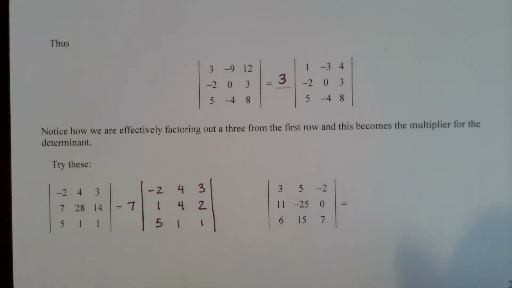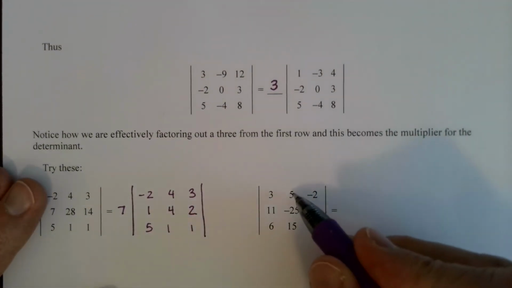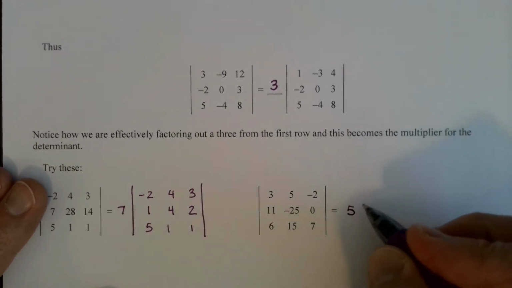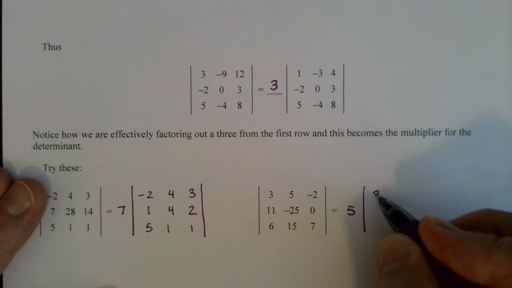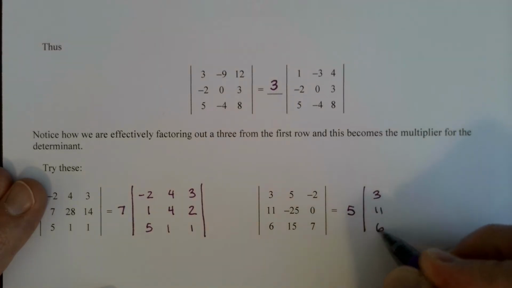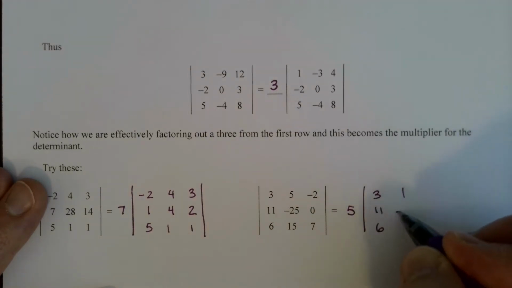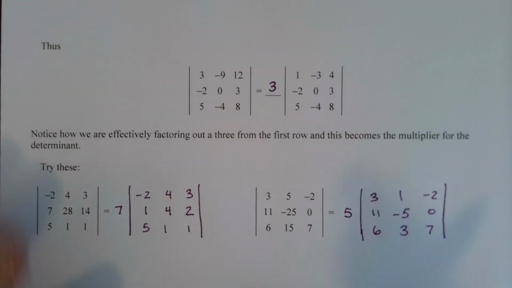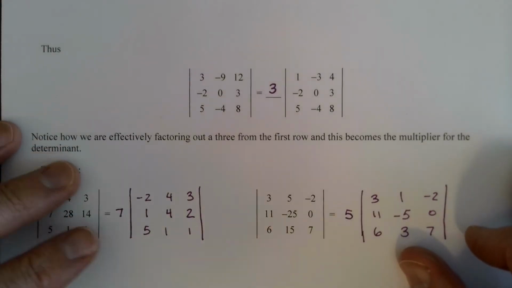Okay. You could also factor out of a column. Notice here in this column there's a common factor of 5, so I can factor out that 5, and what's left? 3, 11, 6, and this is what? 1, negative 5, 3. Okay, so that's the idea behind simplifying when we do row operations, and I'm going to illustrate it here.